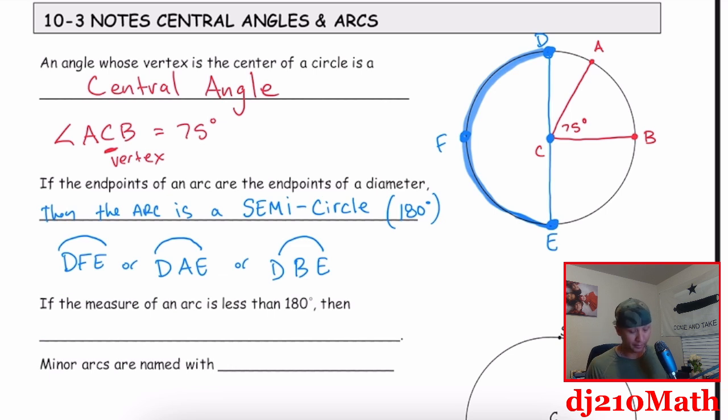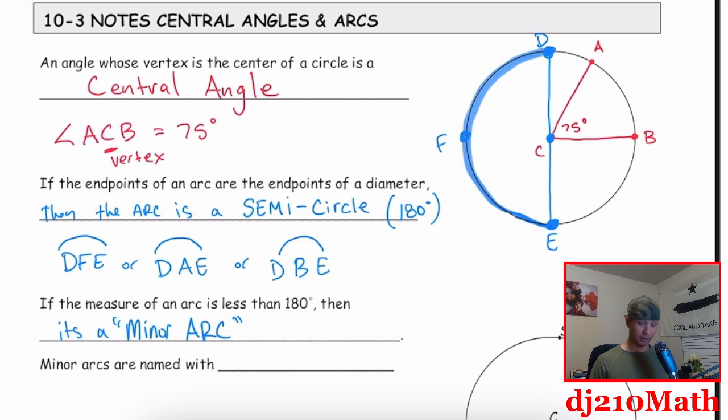Okay. Now, if the arc is less than 180 degrees, well, then we say that this is a minor arc. Less than 180 degrees. Minor arc.